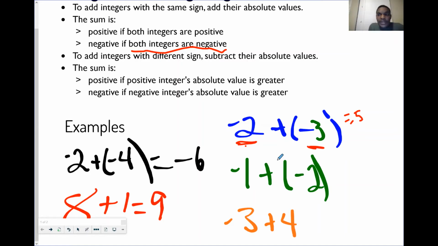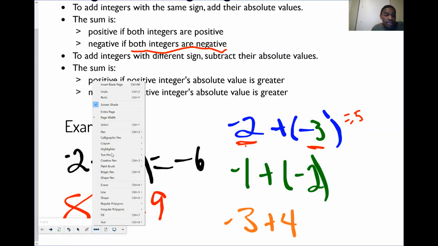This is the same scenario. Negative plus a negative equals a negative in this case. So let's do another one, just in case. Negative 1 plus negative 2.